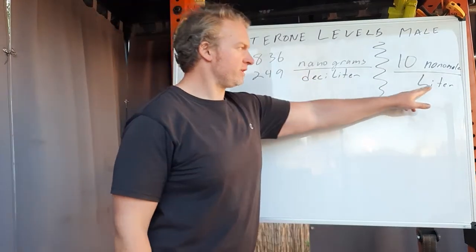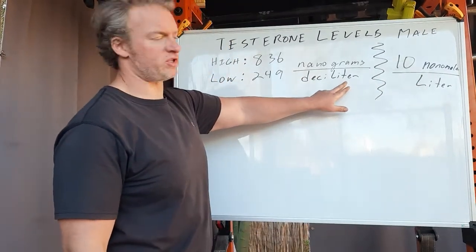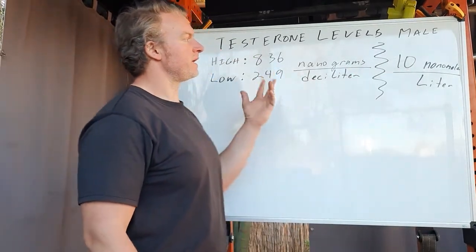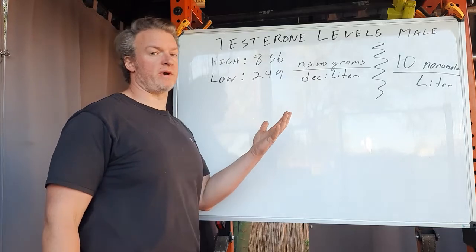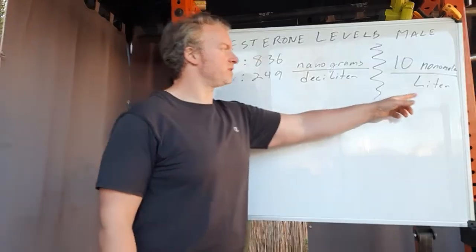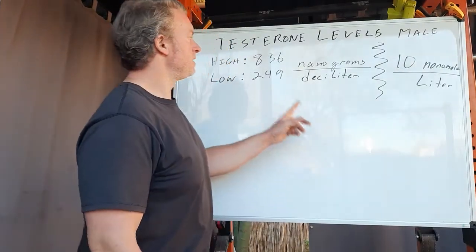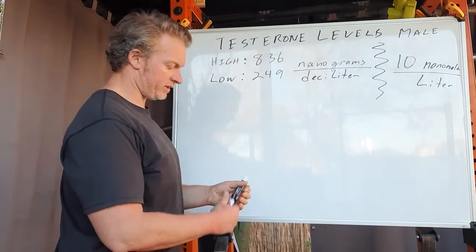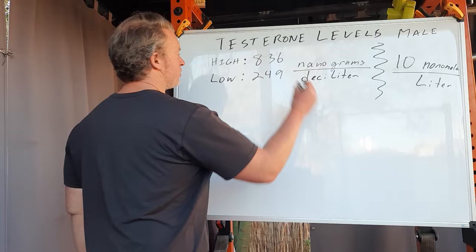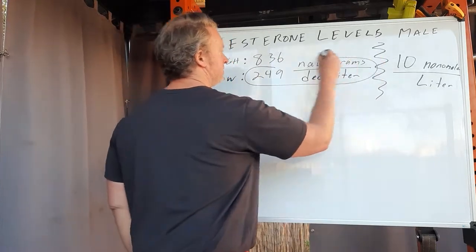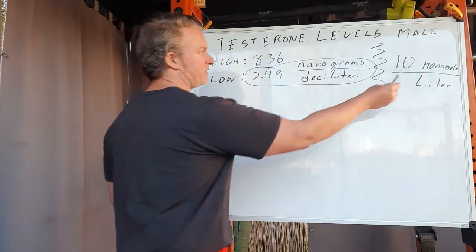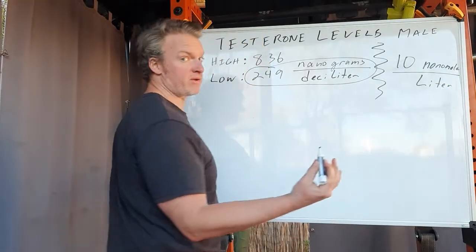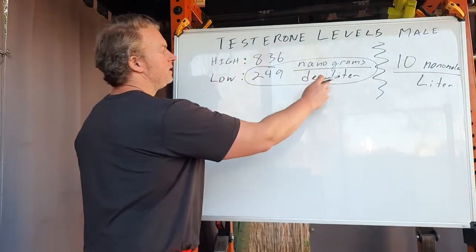Let's compare these units to one another, because the magnitude of the numbers cannot be evaluated appropriately until we are in similar base units. So the low end number of 249 nanograms per deciliter, let's convert that into nanomoles per liter and then compare them.